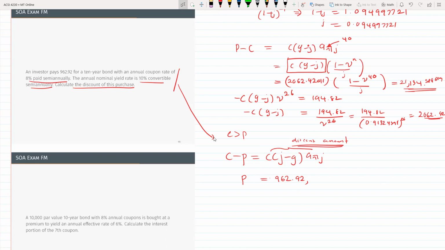So I have the annual nominal yield rate, 10% annual yield. So J is basically 10% divided by 2, which is 5.